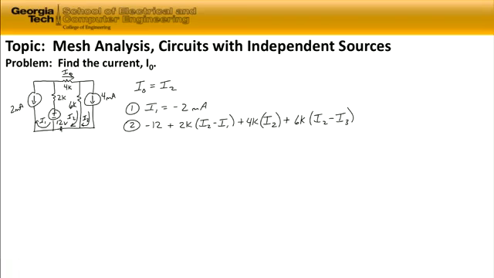And then we get back to the starting point of our loop, and that sums up all of our voltages, and they're equal to 0. So now we have an equation which has 3 unknowns in it. We have a first equation where one of those unknowns is found for us by using our circuit analysis skills.